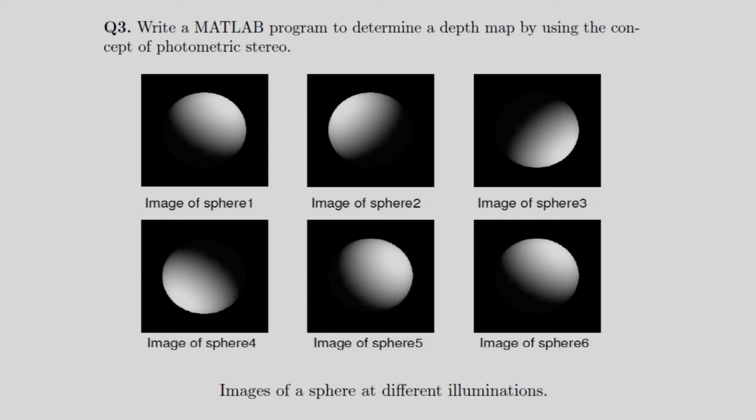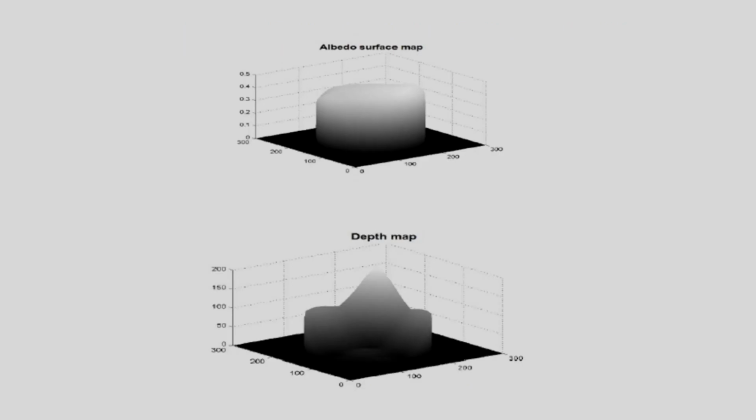So images of a sphere at different illuminations. So different illuminations I am considering, and based on this I am getting the shading. So from the shading information I have to get the depth information. So here first, based on the principle of photometric stereo, you can determine the albedo surface map. The albedo also you can determine, and from the albedo you can determine the depth map of the object.